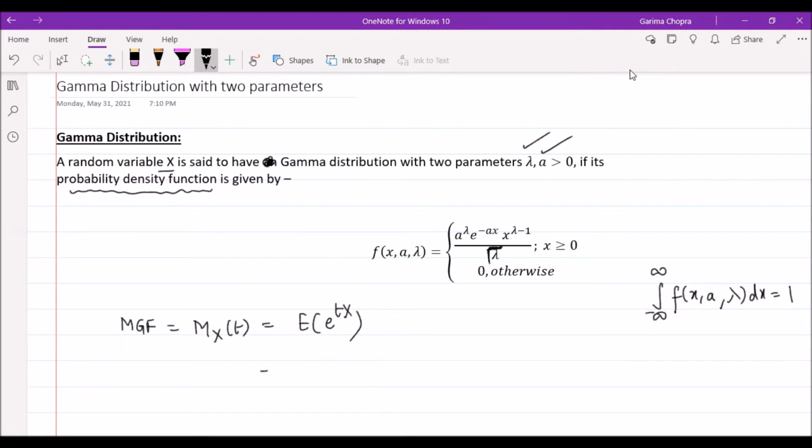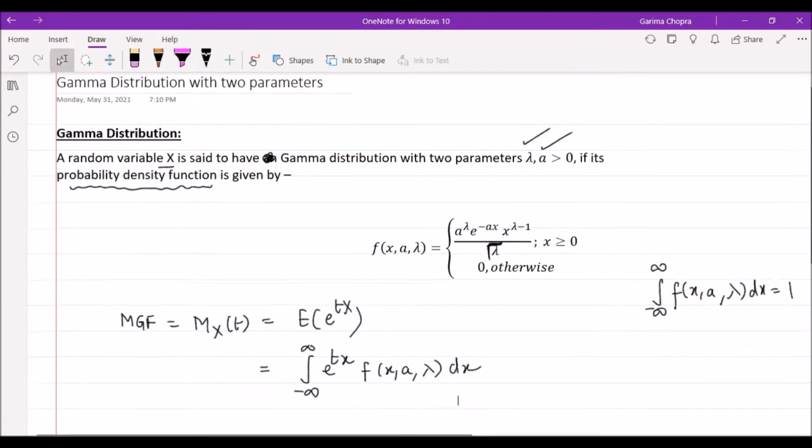Now, when we find this expectation, it will be given by the integral with limits from minus infinity to infinity of e raised to power tx times the PDF of gamma distribution.